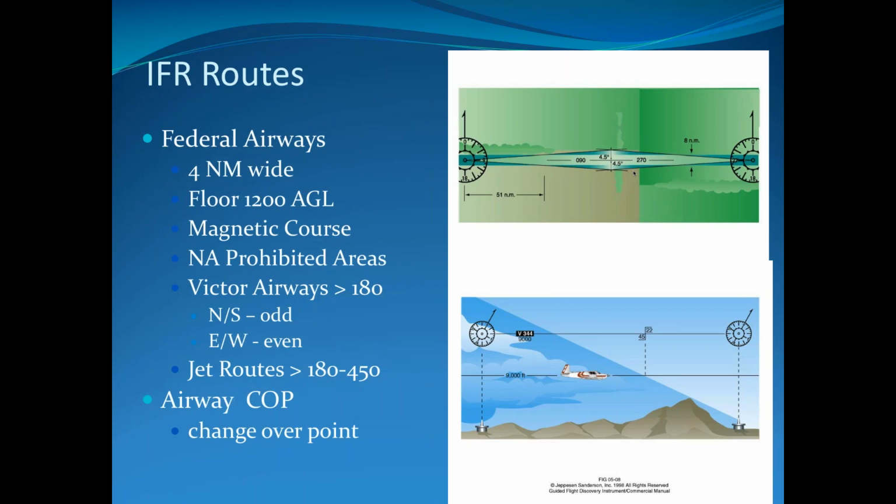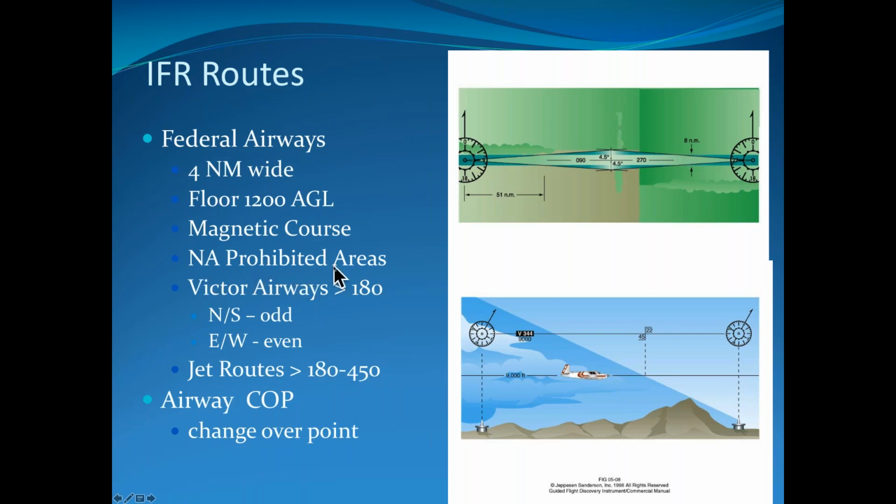We're going to talk about magnetic course a little bit more here. Basically there's a magnetic compass in the aircraft, and that's what we use for magnetic course. Magnetic north and true north are actually in different locations, and we'll touch base with that.